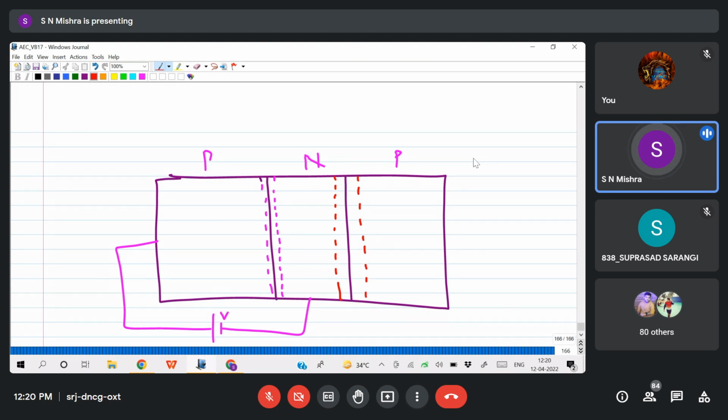When I take VCB as minus 1 volt, this is your depletion width.